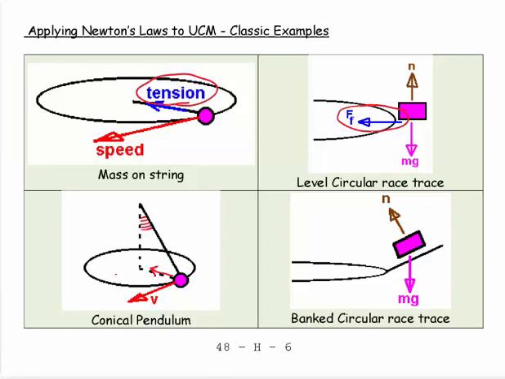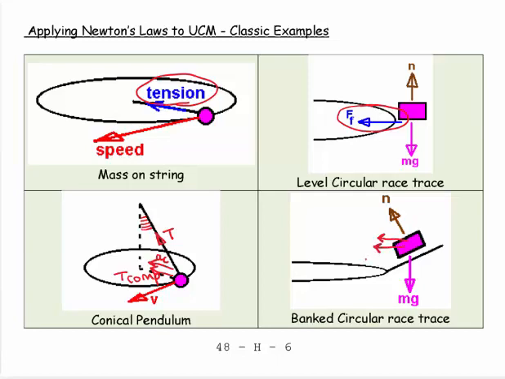This is going to be a tension component for the so-called conical pendulum, because the tension is not in line with the centripetal acceleration. So it's the component of tension which is in line with the centripetal acceleration.